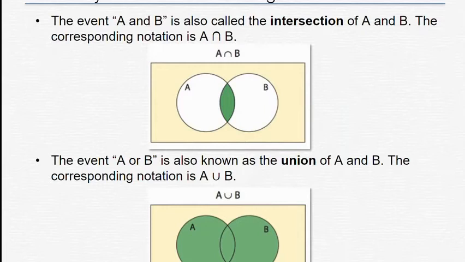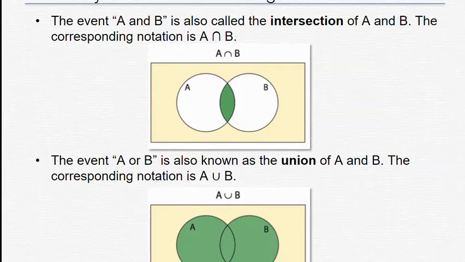Next, we have the intersection of A and B, which is another way of saying A and B. The appropriate set notation is A, and this symbol means intersect B. That's represented by the overlapping parts of the Venn diagram.